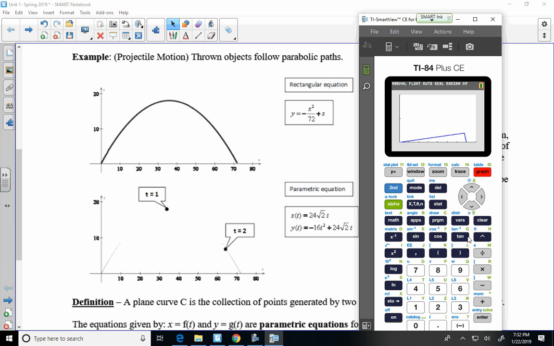So you can come up with some funky shapes. If I made it 0.75 instead of 2 for my T-step, every 3/4 of a second, it plots a point and ignores everything other than those points.